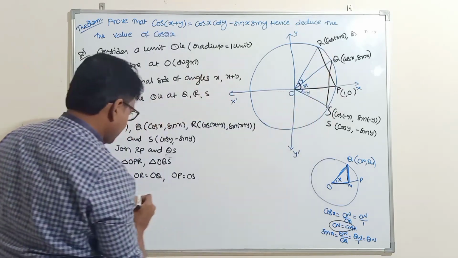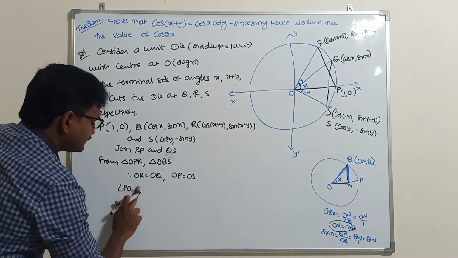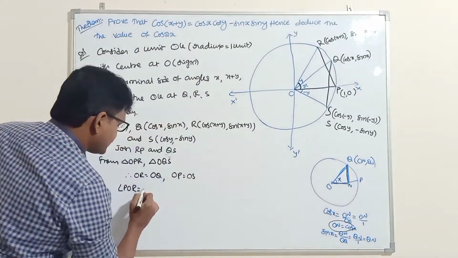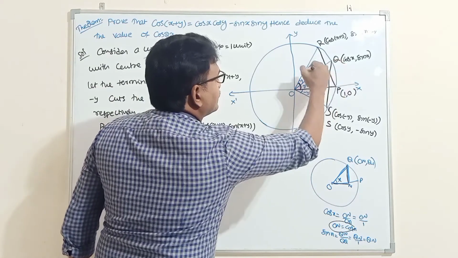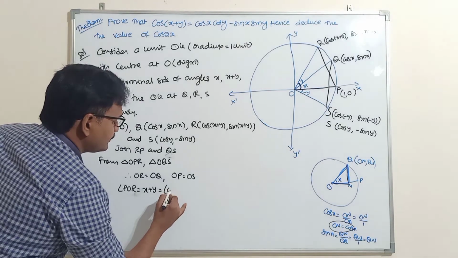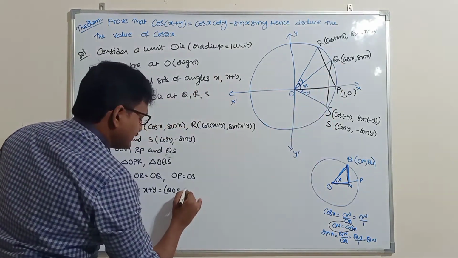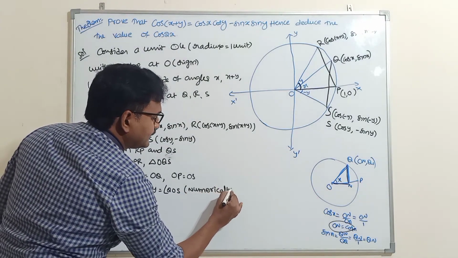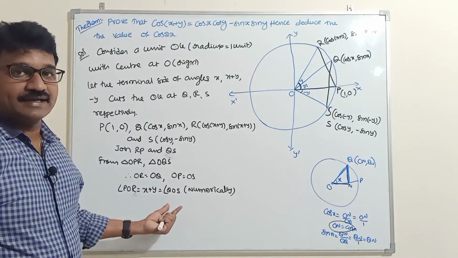Next, if you observe this triangle OPR, this angle is how much? Angle POR is equal to x plus y. Similarly, angle QOS is also equal to x plus y. Numerically, they are equal. Therefore, 2 sides are equal and 1 angle is equal.